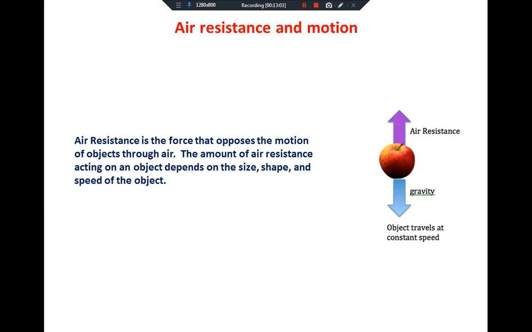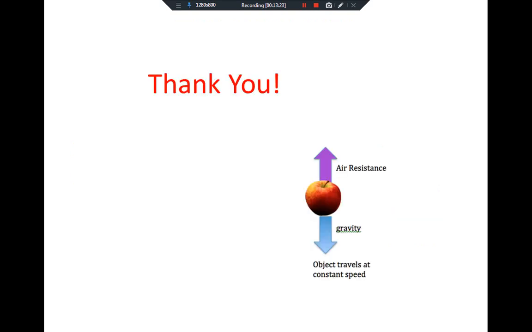And will definitely make the car catch less air, okay? So therefore, size and shape can also affect the speed of an object, although size, shape, and speed of an object can affect resistance.